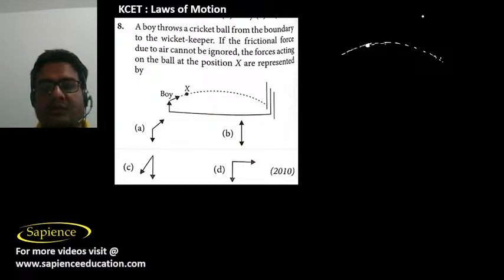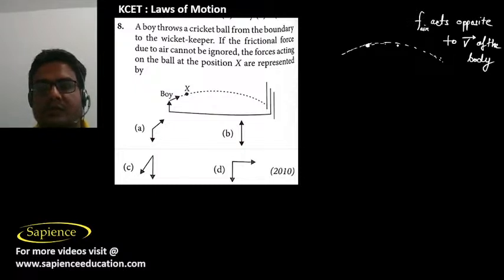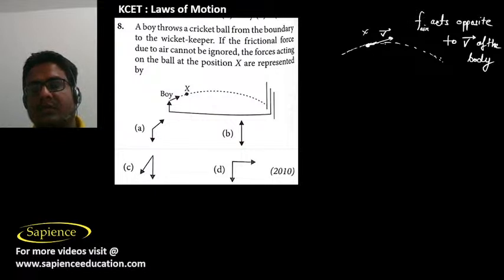We know that the frictional force of the air acts opposite to the direction of motion of the body, that is, opposite to the velocity vector. At the position X, the velocity is along the tangent to the trajectory.